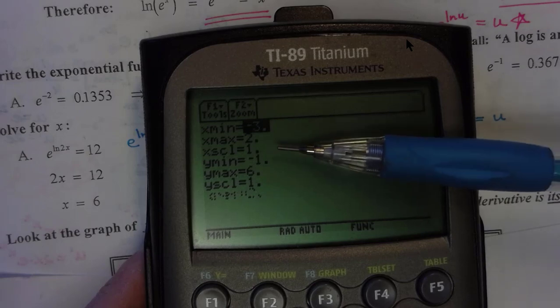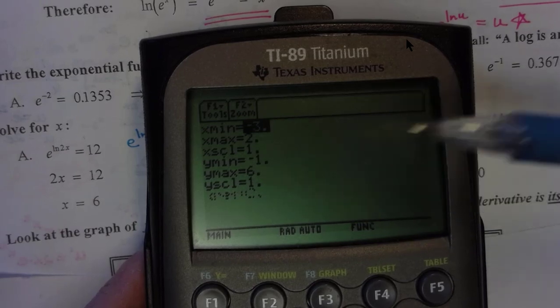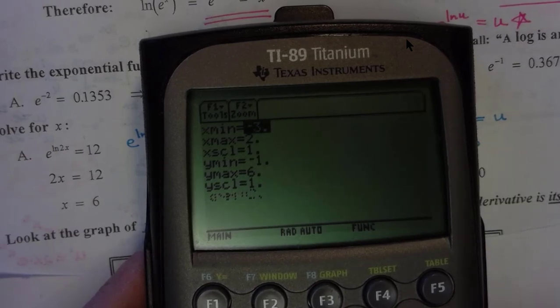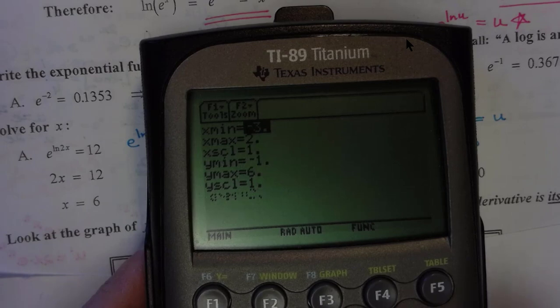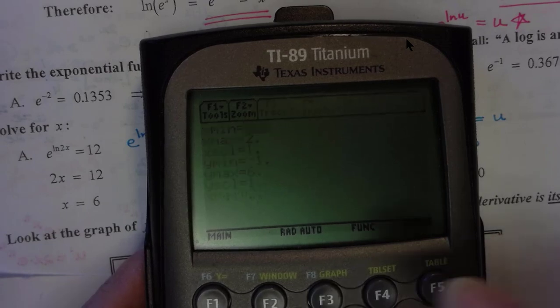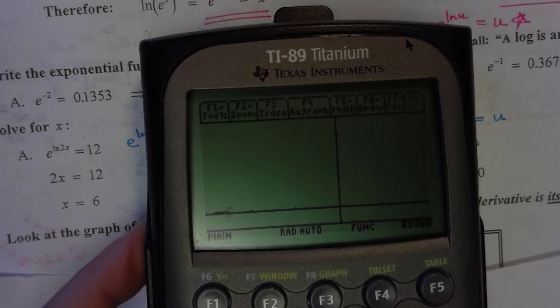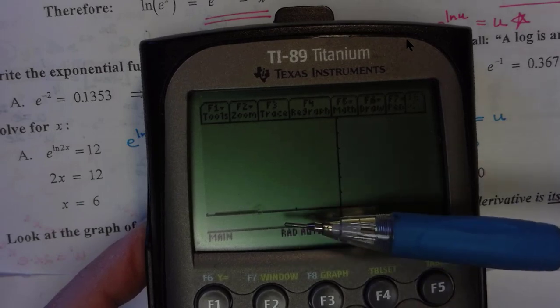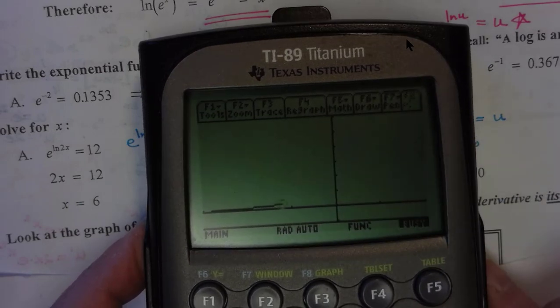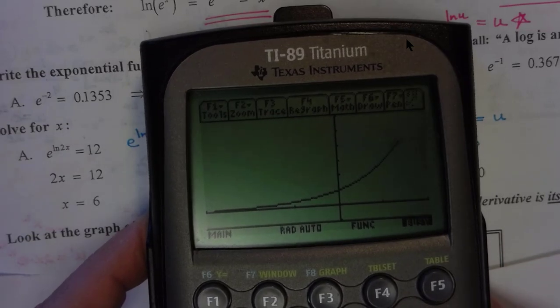And my y is going to go on the interval from -1 to 6, and every tick mark on the y-axis will represent 1 unit. So you can see that here is e to the x, follow the bouncing ball. We know when x is 0, I should be at the point 0, 1. And you can see that it has done that.